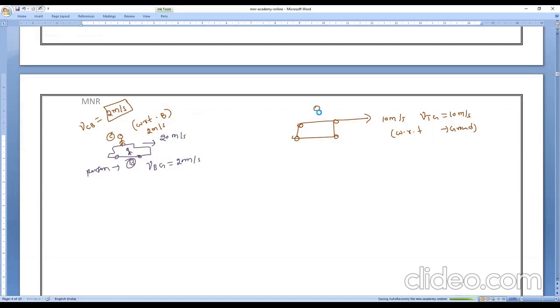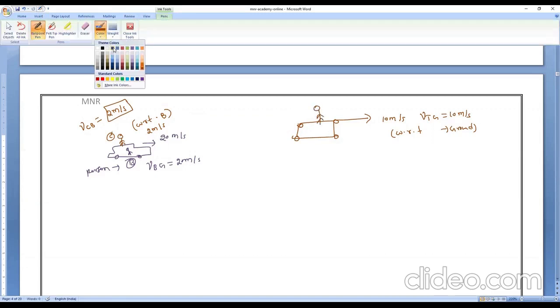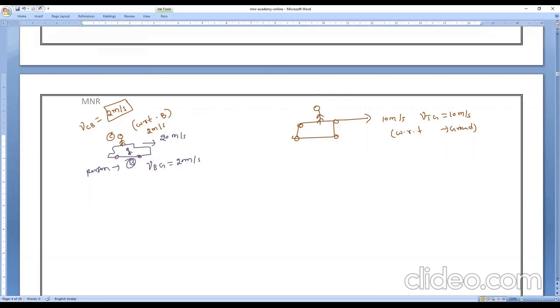Now, A is traveling in the trolley. Whose velocity is with respect to the trolley? With respect to trolley or with respect to ground? With respect to trolley. So the velocity of A with respect to trolley is, as we already know, 3 meter per second. Is it clear, everybody?